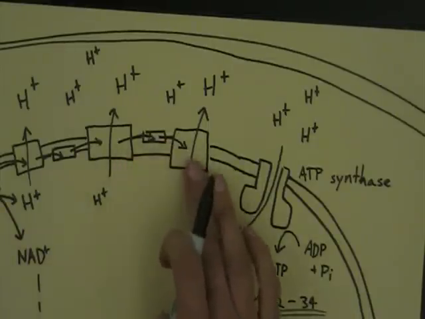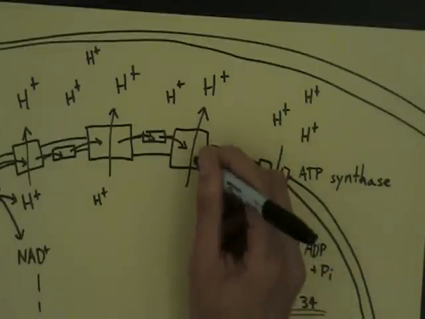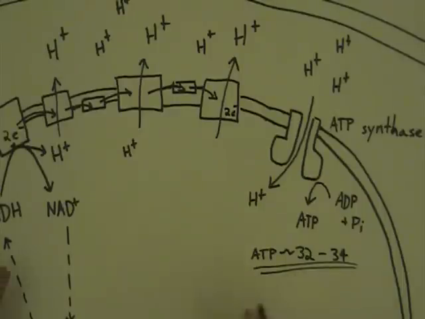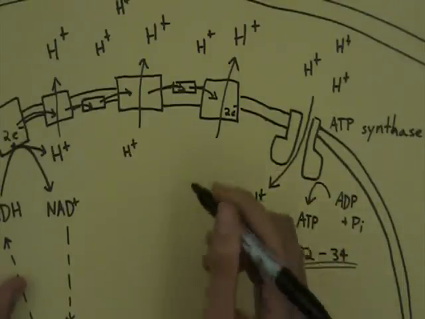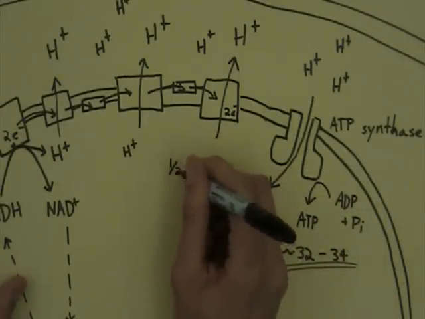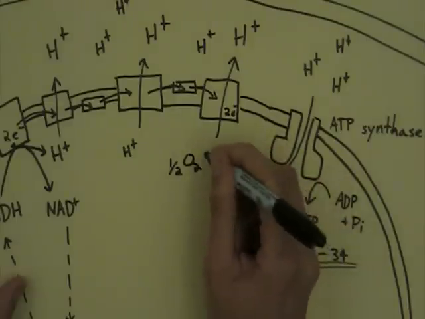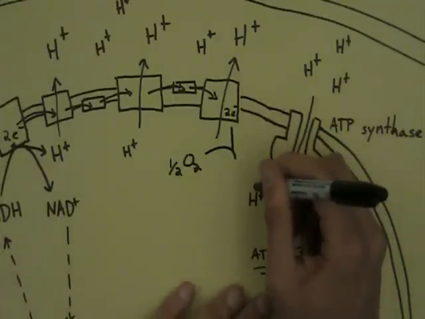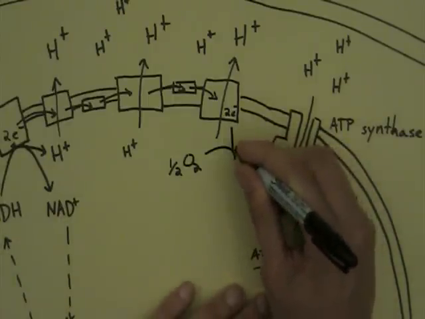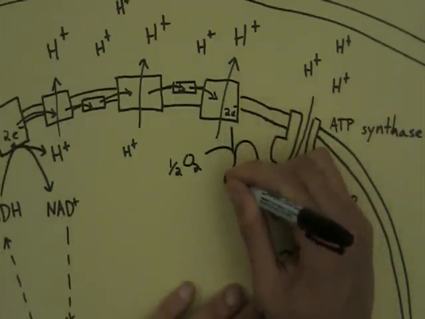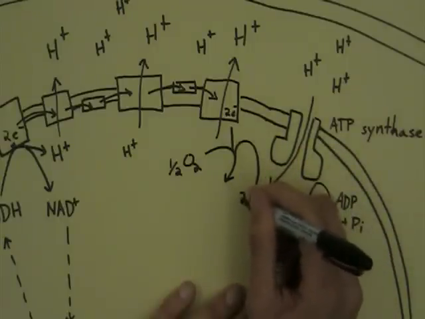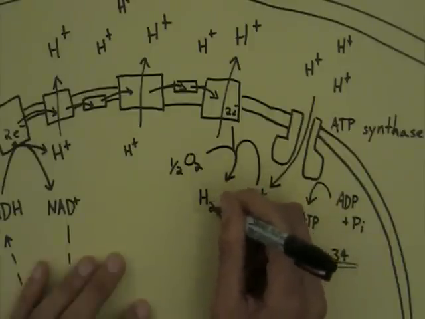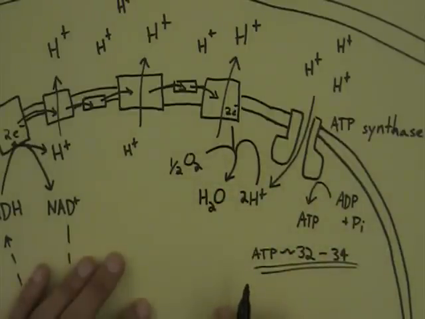You see, the electrons have moved all the way down to here. Now they need somewhere to go. And to deal with this problem, we have oxygen. Half a molecule of oxygen reacts with the electrons and two hydrogen ions to form H2O, water.